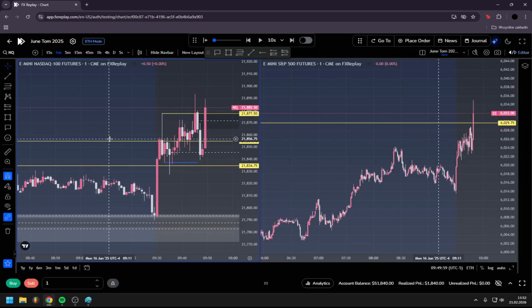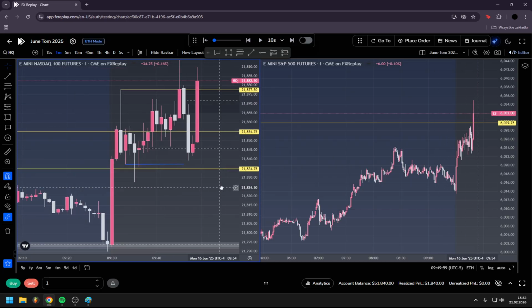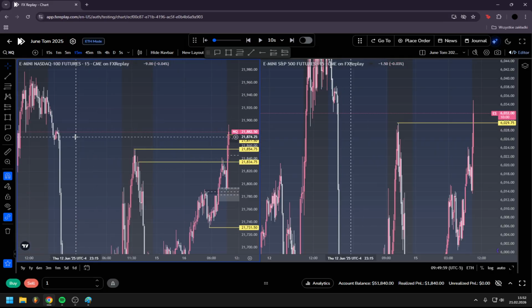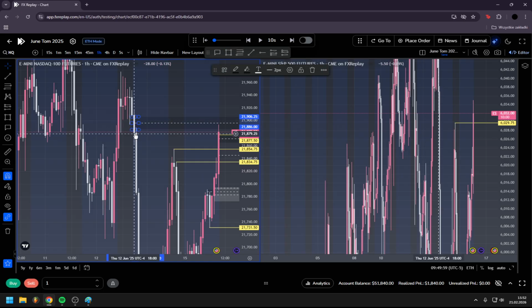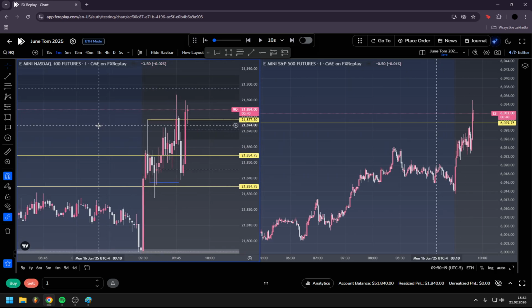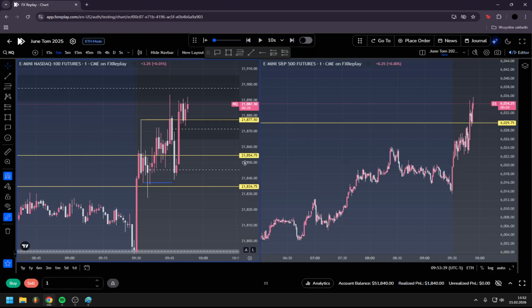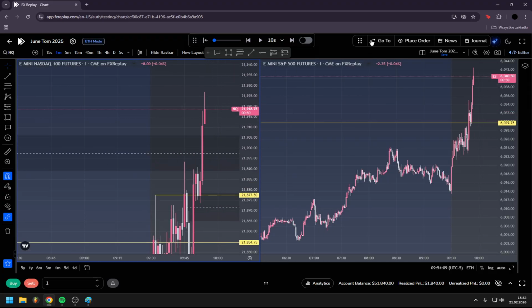Okay, so we did disrespect this order block anyway. But we went into the sell side. SMT, and we don't give a fuck.